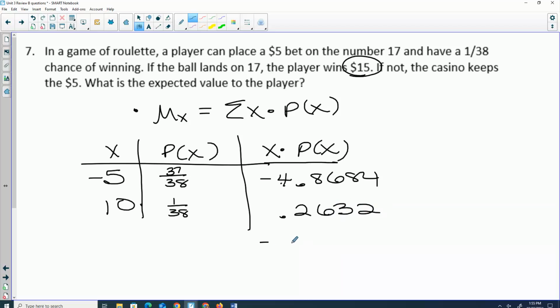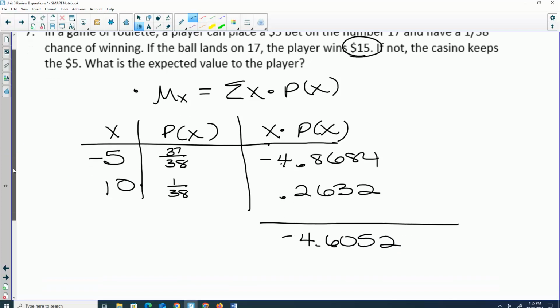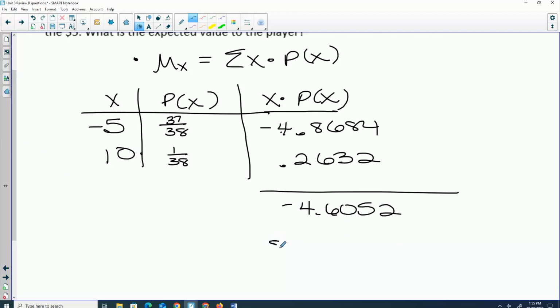So then what do we have to do to those? Add them together. So we get -4.6052, or we're talking about money, so we have an expected value of -4.61.